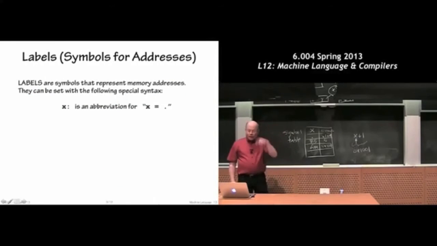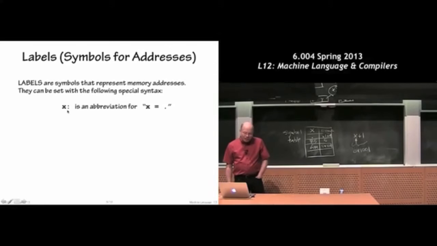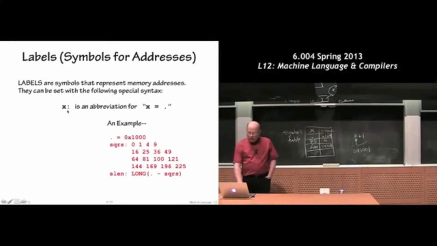Now this x equals dot, you'd see a lot when we're doing assembly language programs. So in fact, we have a special abbreviation where we just use the name of the symbol followed by a colon, and you know that to mean, look, please make the value of the symbol x equal to the address of the location that I'm at currently in my assembly language program. So for example, I'm setting dot to hex 1000, so I'm expecting to fill up memory starting at byte hex 1000.